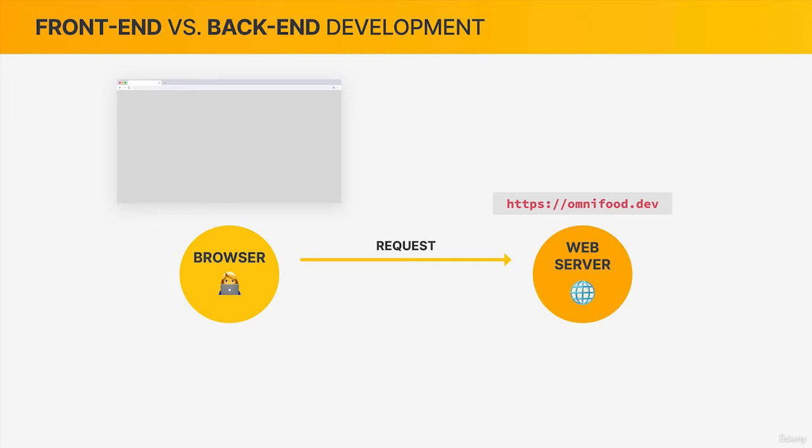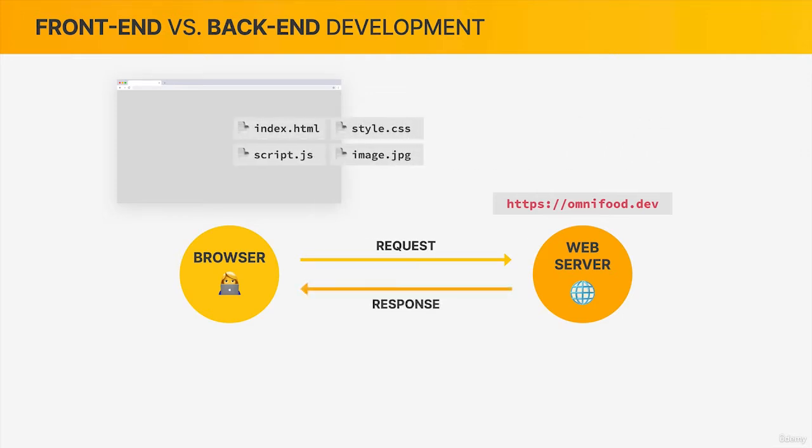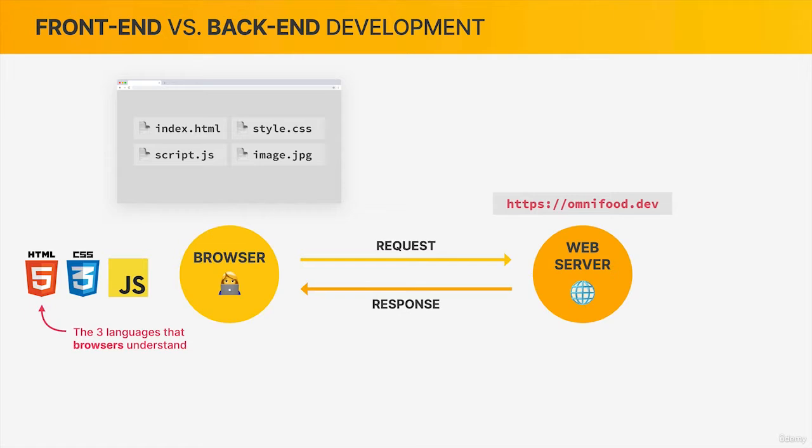Then, when the server receives the request, it will take all the files that make up the website and send them back to the browser. And so we say that the server sends a response to the browser, which essentially contains all of these files that the website is made of. Now, as you can see from these file extensions, we have some HTML, CSS, and also JavaScript code here.